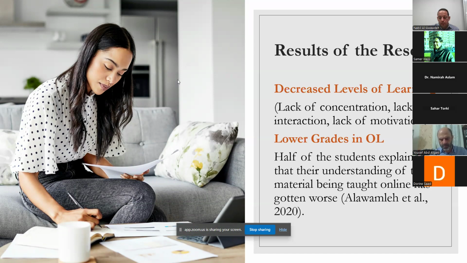So the learning levels decrease in online education. This can be due to lack of concentration, lack of interaction, or lack of motivation. Some scholars have done research and found that students' grades are better in face-to-face learning, but tend to be lower in online learning.